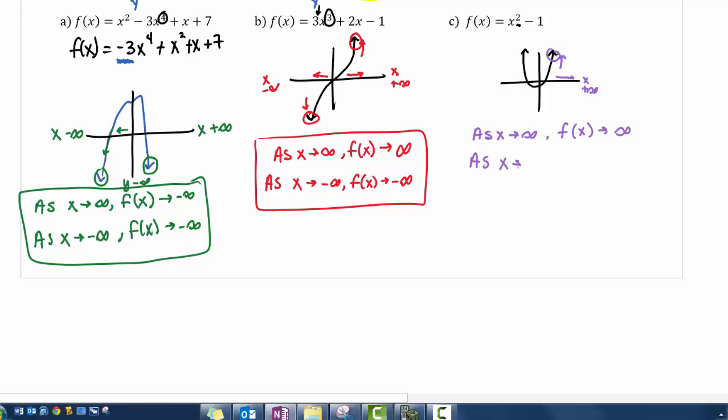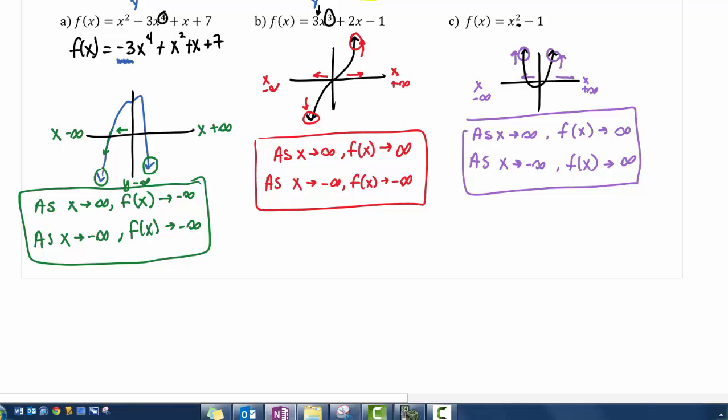So as x approaches negative infinity, f of x approaches, well, as I go to the left to negative infinity, my y values are also going up to positive infinity. So you can see in the picture, they have the same end behavior. So they should have the same end behavior when you write it out.